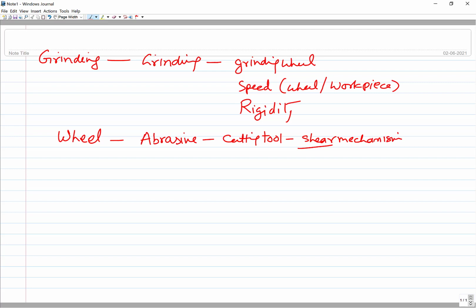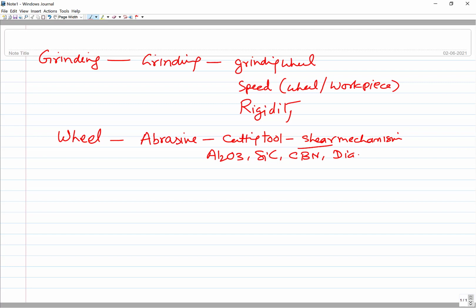Apart from the grinding abrasive type, there are multiple types of abrasives which are used, which include alumina, silicon carbide, cubic boron nitride, and diamond.